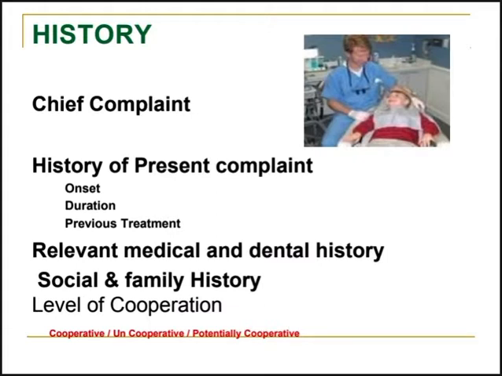So Wright has classified, this is a scientist named Wright, okay? He has classified the level of cooperation into three. He does not mention uncooperative, okay? He says it is categorized as cooperative, lacking cooperative ability, and potentially cooperative, okay?